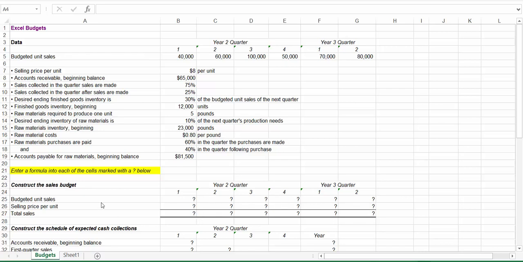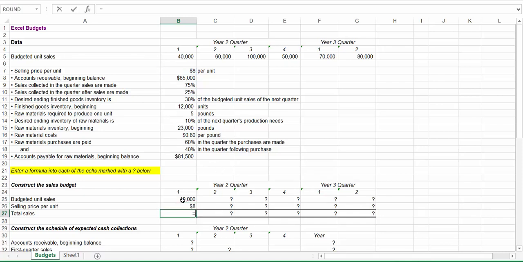All right, so I'm going to first put in a little piece of the sales budget. This is very easy. This is just going to be equal to our first quarter sales. And second, this is year 2. First quarter, second quarter, third quarter, fourth quarter. And then our selling price per unit is $8.